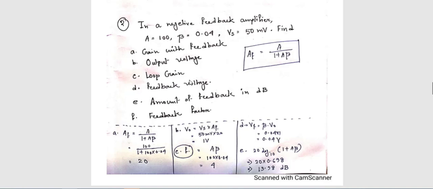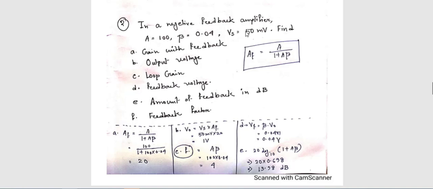Next, the output voltage. What is the expression of output voltage? The expression of output voltage is input voltage into overall gain. Which gain? Overall gain using feedback, because in this circuit it is mentioned that it is a negative feedback amplifier.